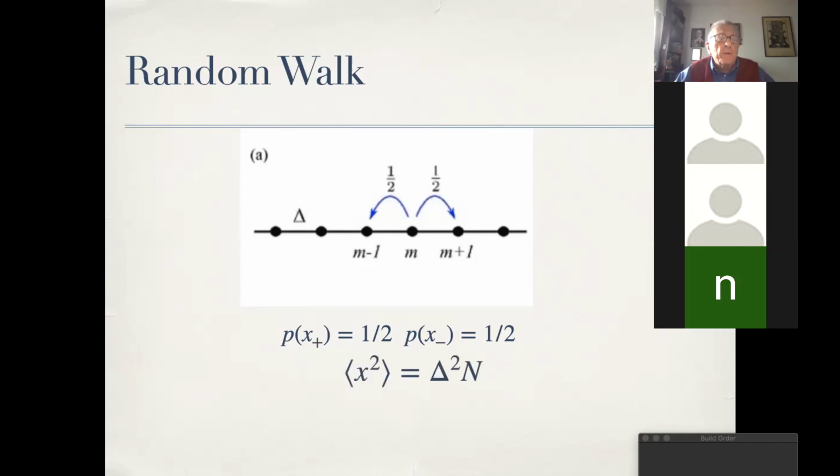It is possible to calculate the square of the size of the visited region, how many bars he will visit during making n steps. And the result is that this average square of the distance is proportional to delta square, that is a length square, but it's proportional to n.